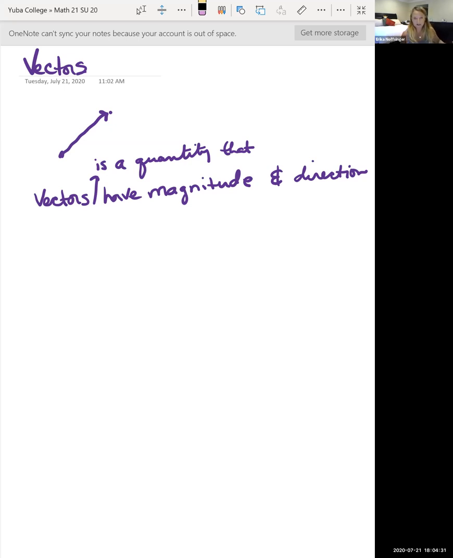Okay, so we're just going to get into some terminology of vectors. Let's say you had some point P and some point Q, and you had an arrow starting at P and going until you hit Q. P, the point here, is called the initial point, and Q is called the terminal point.